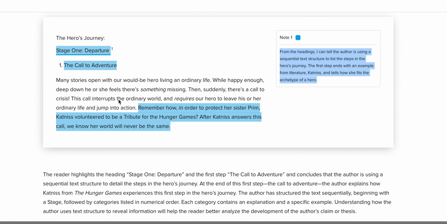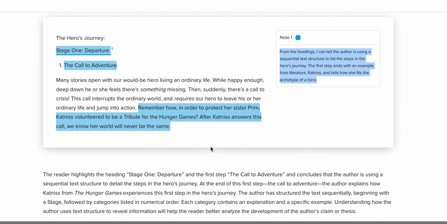And with each step, she gives a definition or an explanation of that step. And then she finishes it off with examples. In this case, it was an example from The Hunger Games. And this is repeated all throughout the essay. It is first the step, and then an explanation of that step, and then an example. And that is really good informative essay writing, to have the step, the explanation of the step, and an example.